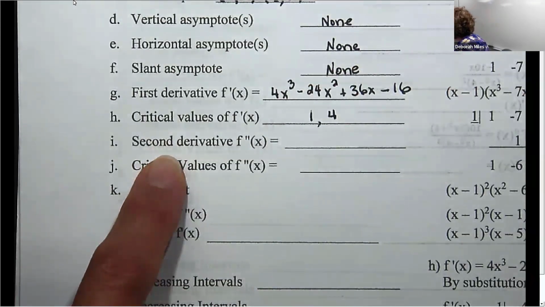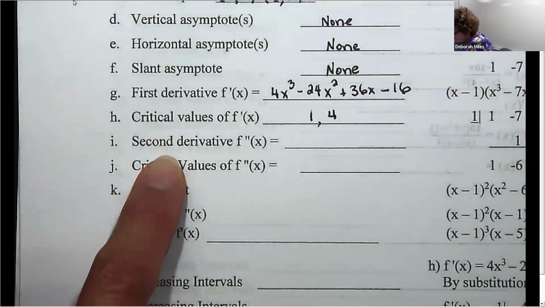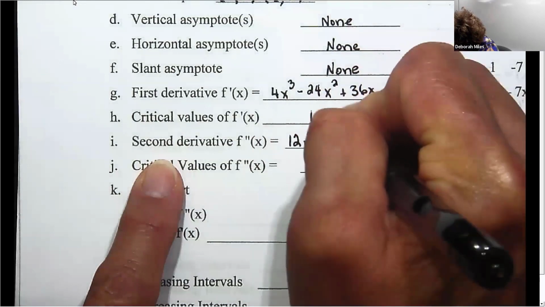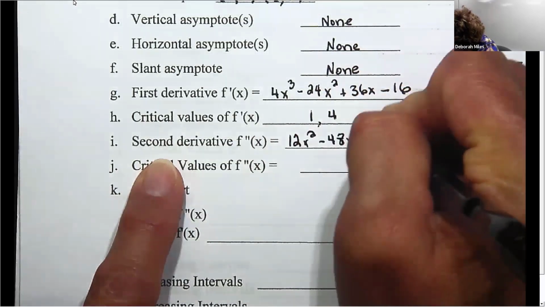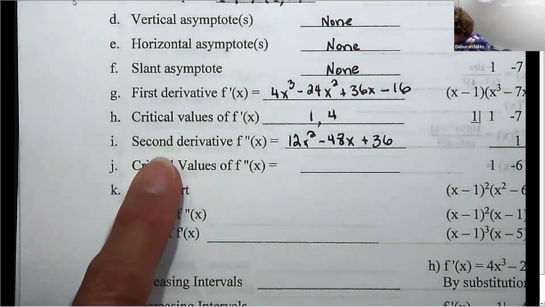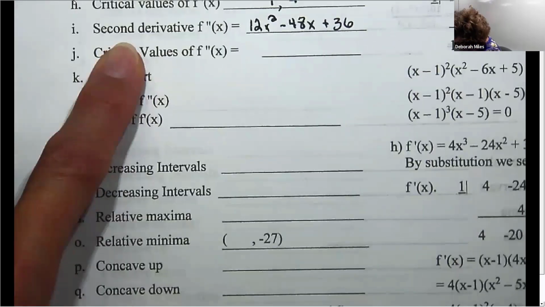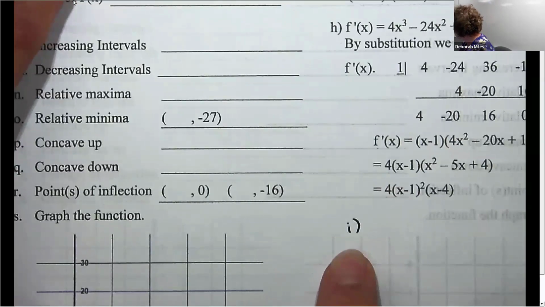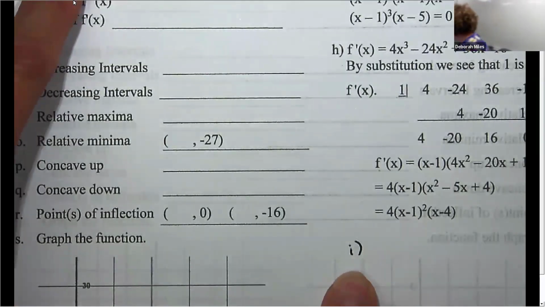What's the second derivative of that function? Awesome. And to define critical values for the second derivative, I need to set that equal to 0 and factor it. So I didn't type that work. I'm just going to put it out here and label it. And this is what I want you to do in your homework.